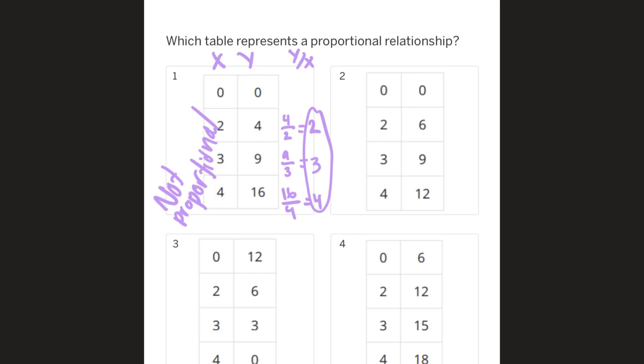Okay, let's look at the next one. So we've got here, starting at 0, 0, that's good. Here we have 6 divided by 2 is 3, 9 divided by 3 is 3, and 12 divided by 4 is 3. So those are all the same. It's going through 0, 0, so this is proportional.